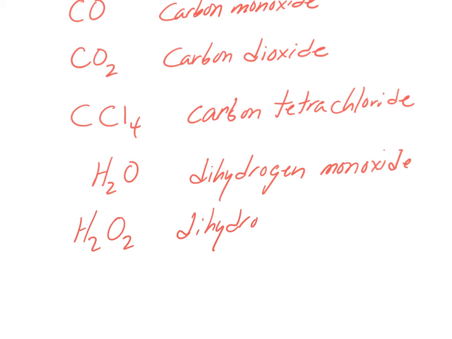Dihydrogen dioxide. All right, so, a lot of these compounds have common names, like H2O is water. H2O2 is hydrogen peroxide. But if we follow this naming scheme, we would call water dihydrogen monoxide, and hydrogen peroxide would be dihydrogen dioxide.